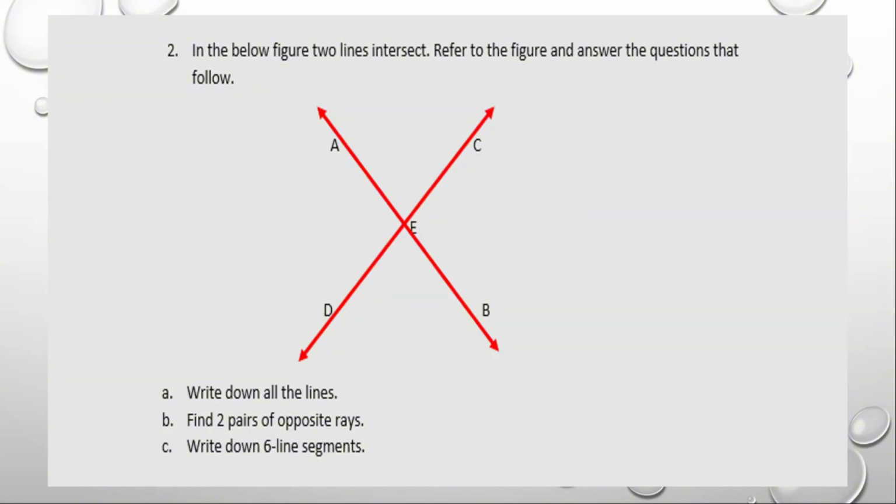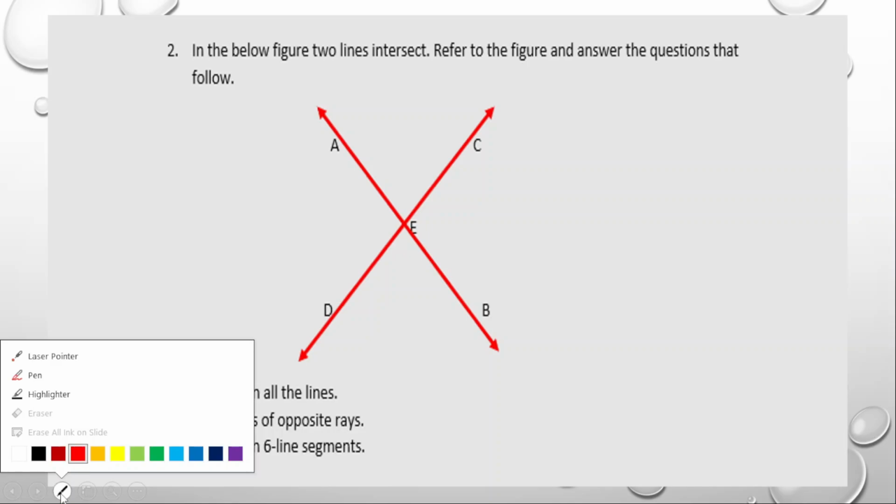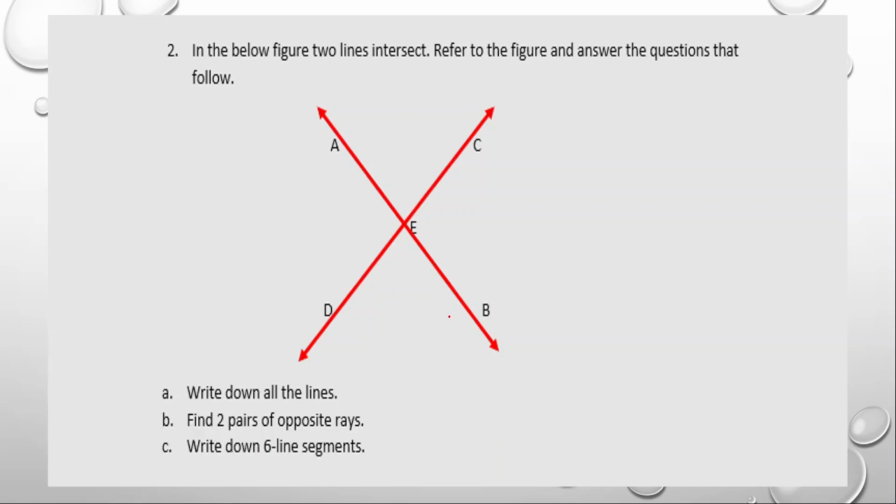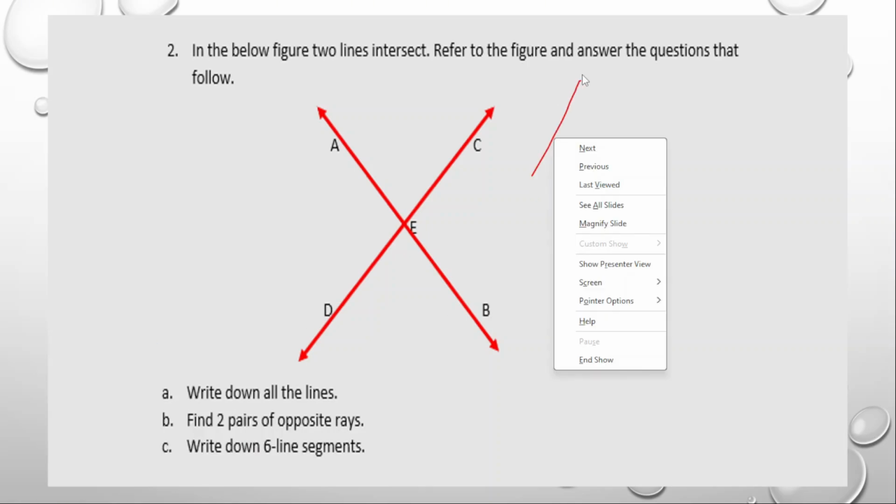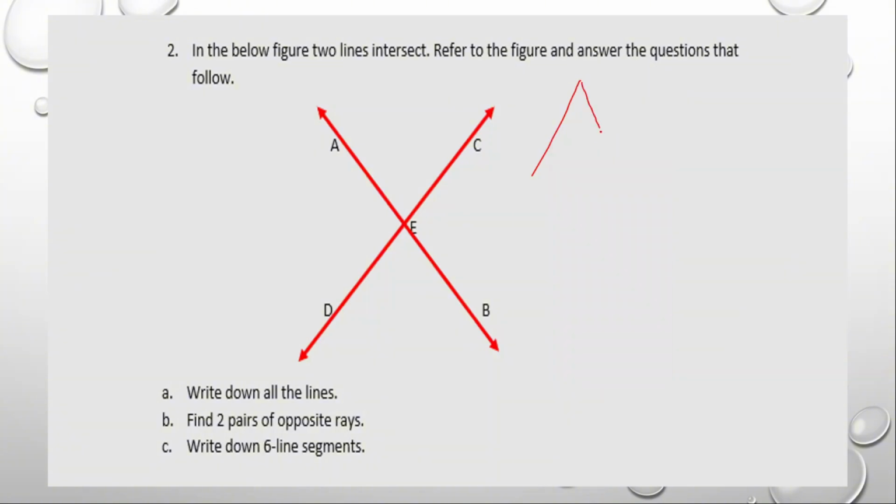So the two main lines are AB, and the other line is CD. But now I'm going to show you something else.